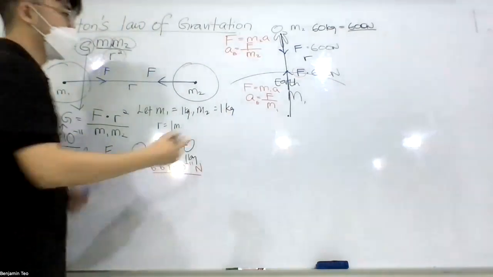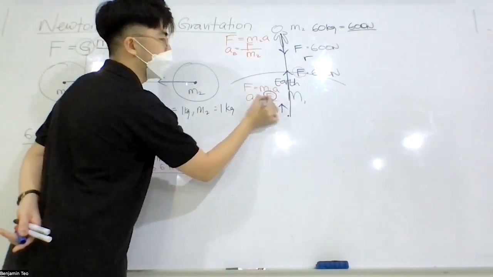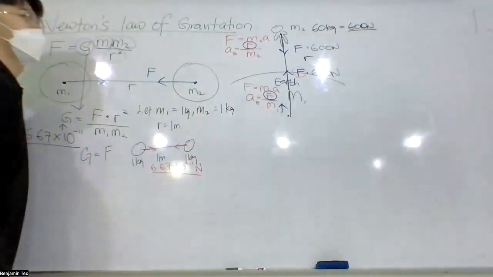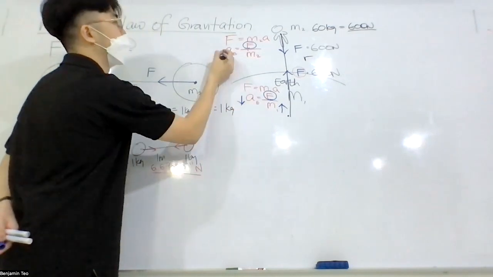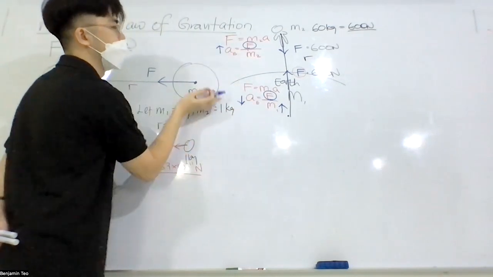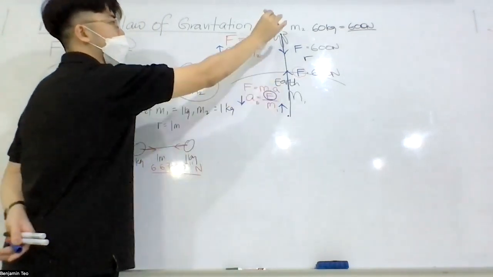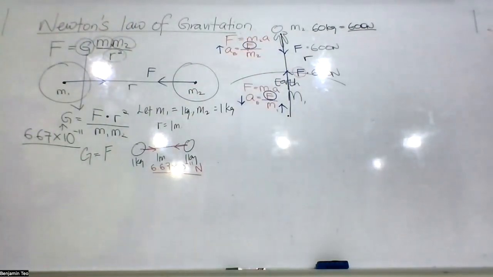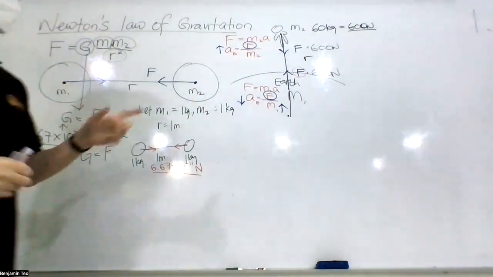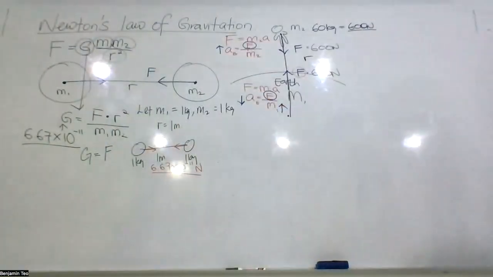The Earth's mass is very large. You both experience the same F. Since the mass is very large, the acceleration of the Earth is very small. Your acceleration is relatively greater than that. That's why you accelerate towards the Earth and the Earth does not accelerate towards you. The answer lies in the mass of the body.